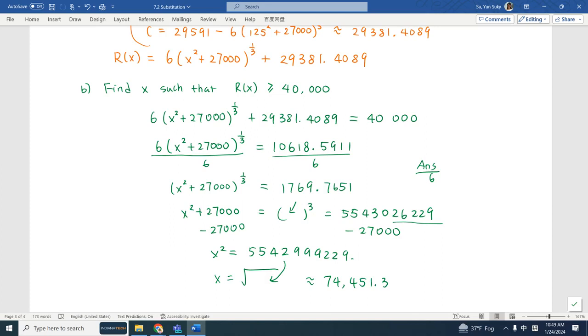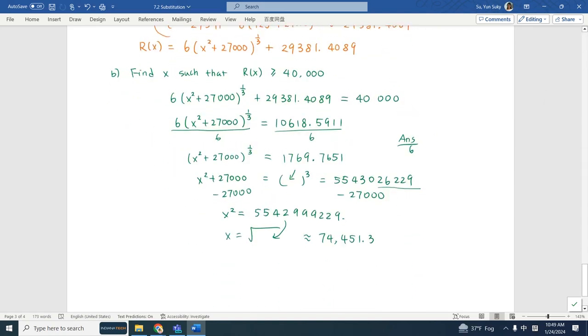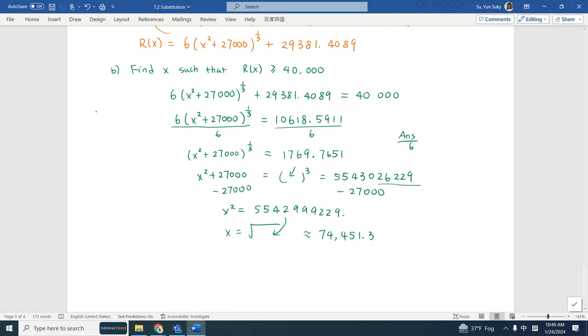Okay. Then we get yes. So this is the number we get, and because we want the number of players to be a whole number, right? So even though the next digit is 3, because you need at least 40,000, you round up, you don't round off. Because if you round off, of course if you sell more players, you get more revenue, right? So in this case, we will pick 74452. So this is the number we pick.